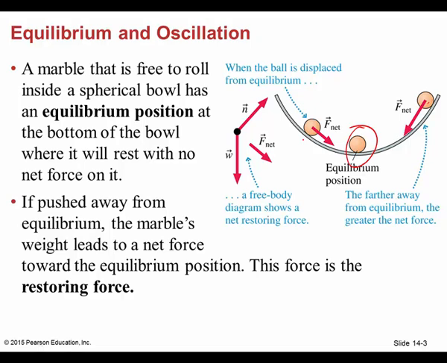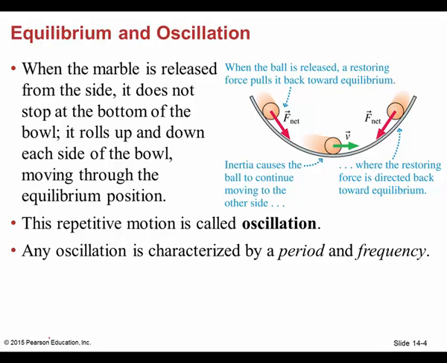What causes that are what we call the net forces. Of course, you have a normal force always acting on it, and then you have the force of gravity, or what we call weight, acting on it. Now, this force that causes it to return to its equilibrium position is called the restoring force. So that's what causes the ball to go back to its equilibrium position when we move it.